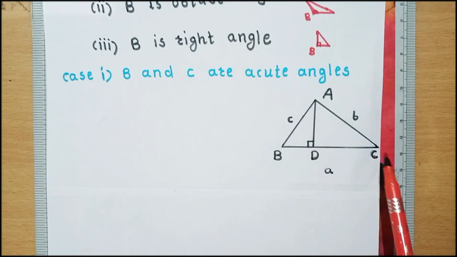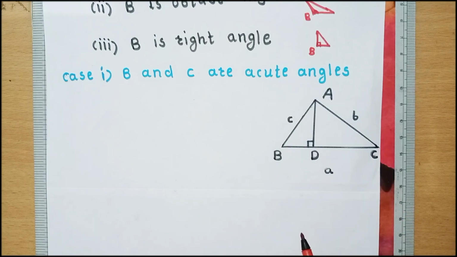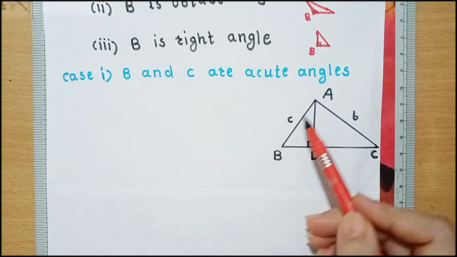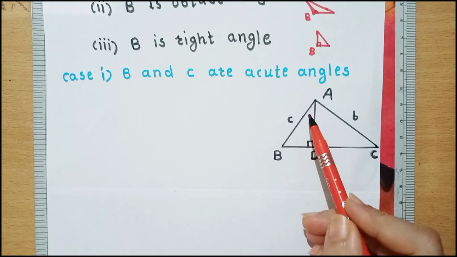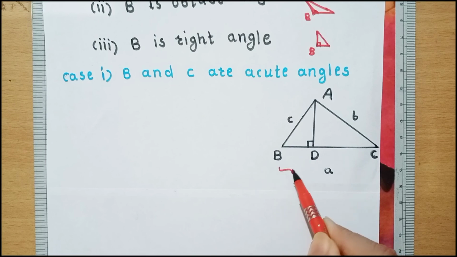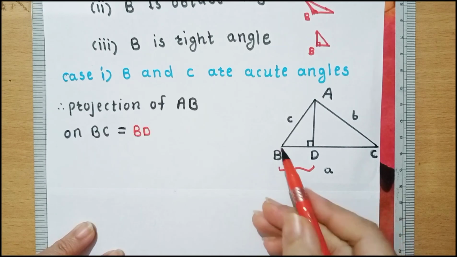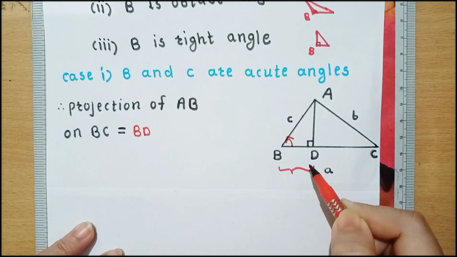Now consider the first case, B and C are acute angles. So this is triangle ABC, and we can observe B and C are acute angles. Now check here, projection of AB. This is the AB side. So the projection of this AB side along BC is this BD, and check this is angle B and this BD is the adjacent side.